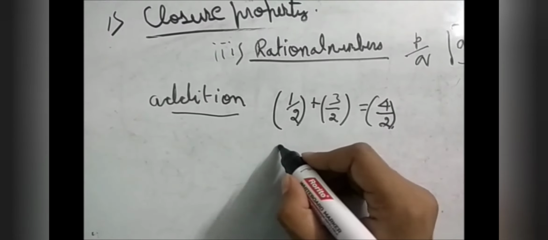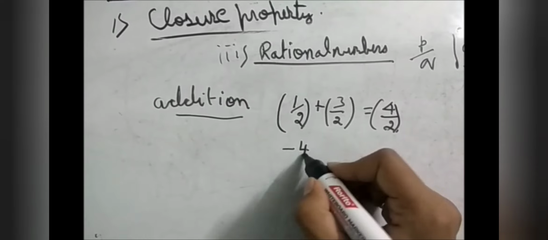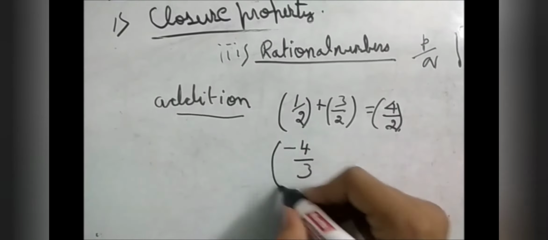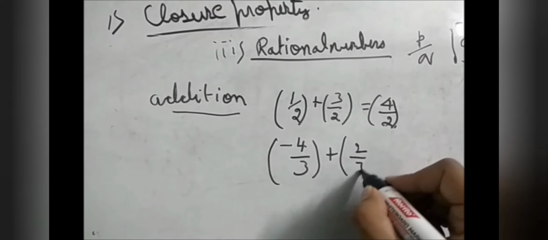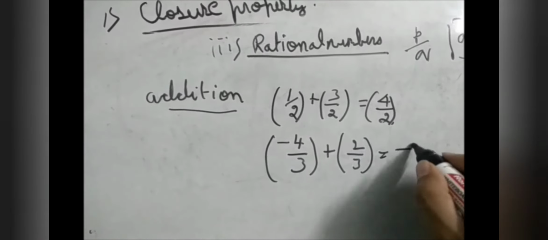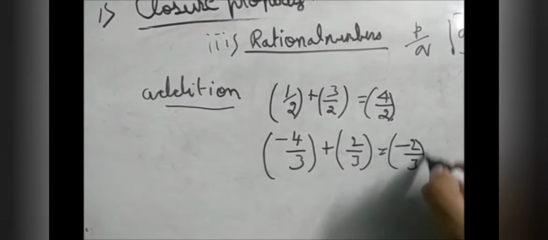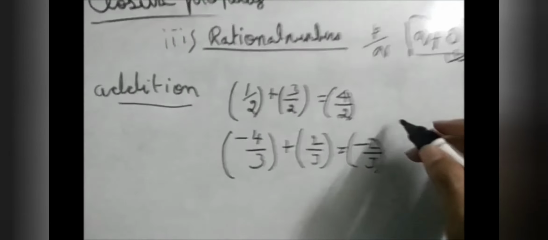Let's take minus 4 by 3 and 2 by 3, we'll get minus 2 by 3, which is a rational number.